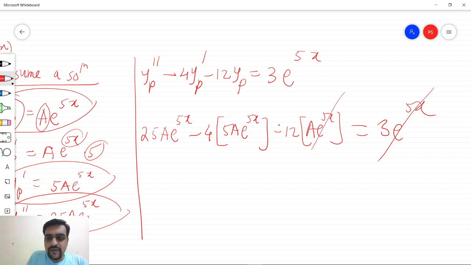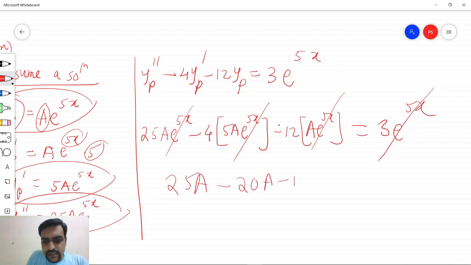Now this e raised to 5x gets cancelled throughout, and we are left with 25a minus 20a minus 12a is equal to 3. That is, this 20 and 12 becomes 32 with a minus sign. So this is minus 7a is equal to 3.